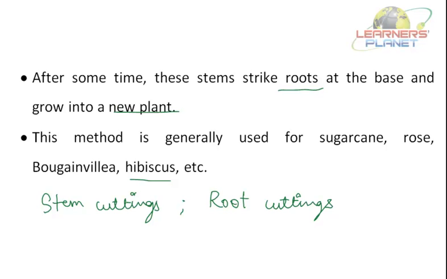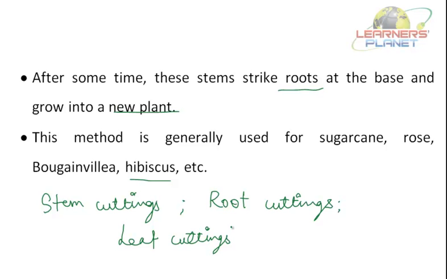How amazing it is! In the same way, other than these cuttings, there are leaf cuttings too. So in leaf cuttings, entire leaves are removed from many succulents and they are kept in a moist sandy medium, which sprout into new plantlets. So there are many such plants, like herbaceous plants like African violets.